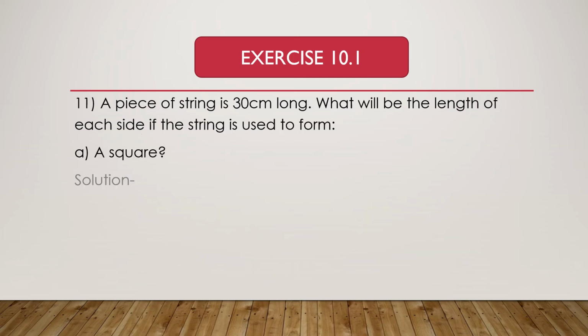Now question number 11. A piece of string is 30 centimeter long. What will be the length of each side if the string is used to form a square? In square all 4 sides are equal. And piece of string, that is perimeter, is given 30 centimeter.